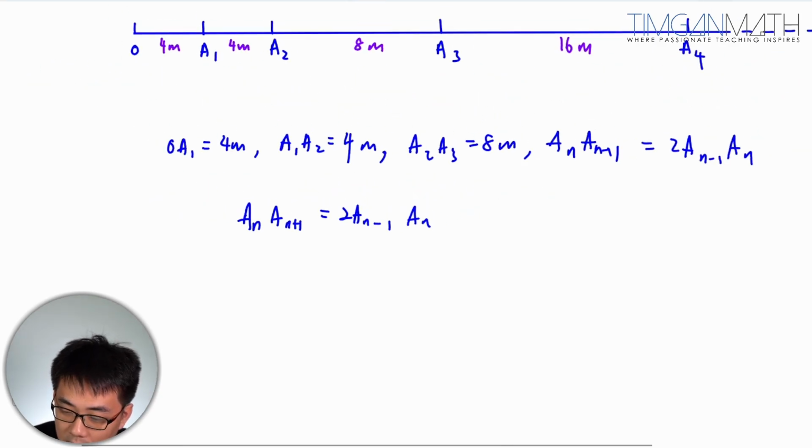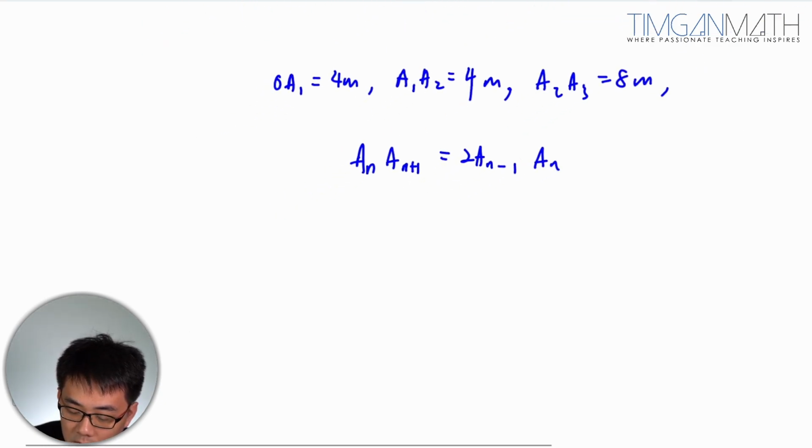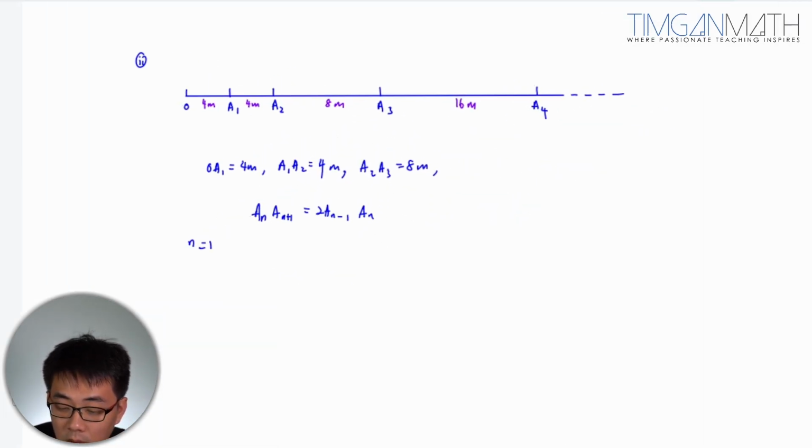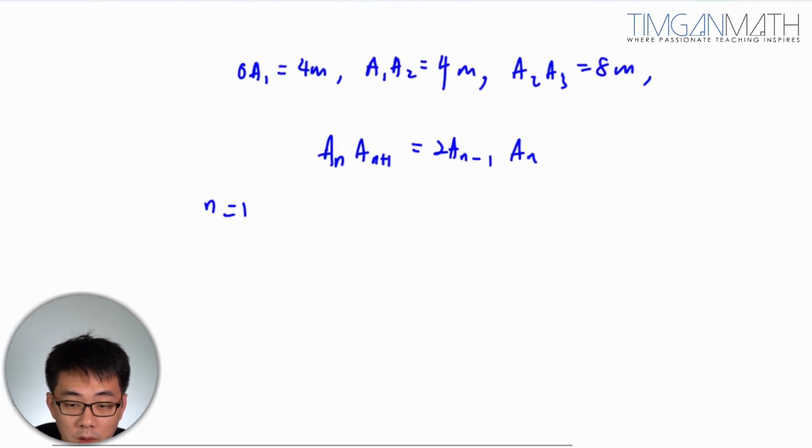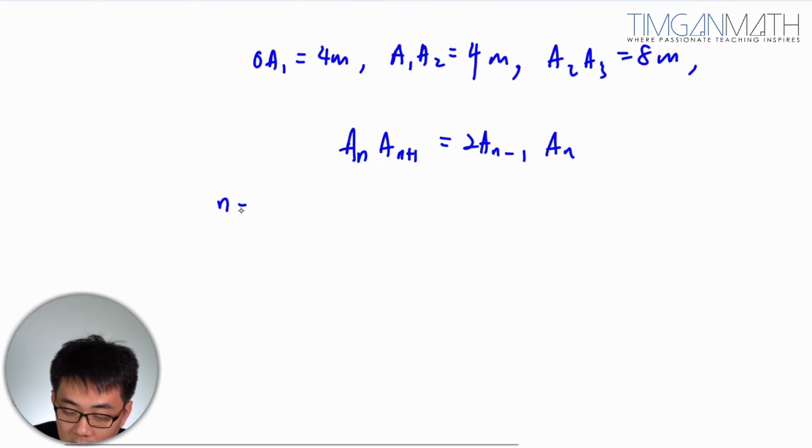I think what they meant was that n must be at least 2, because if n equals 1, this will be A0. We don't have A0 here. We don't have origin O. So I think what they meant is the base term here is at least 2.